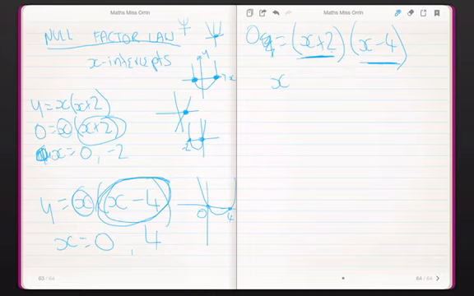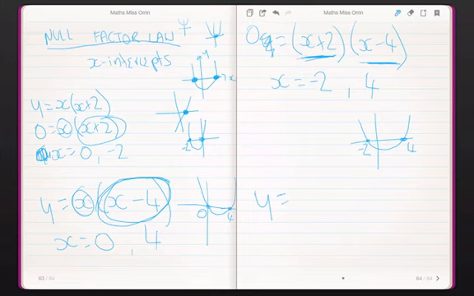If it was this one, x would have to be negative 2, because negative 2 plus 2 is 0. And for this one to be true, x would have to be 4, because 4 minus 4 is 0. So it would look something like this. This would be 4, and this would be negative 2. Okay? So this is one of the other ways.